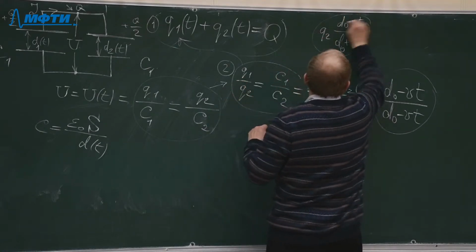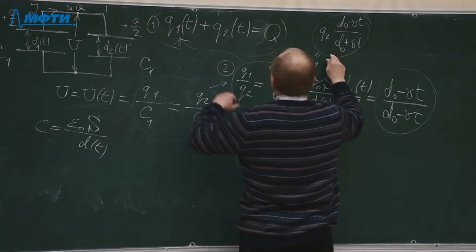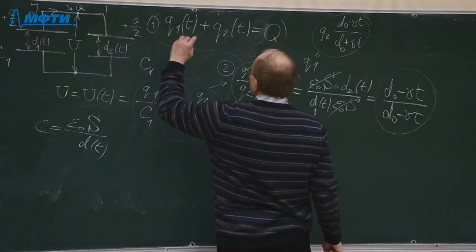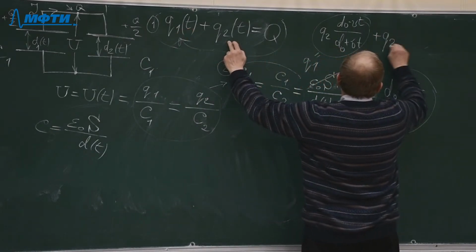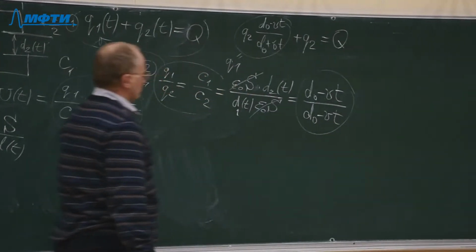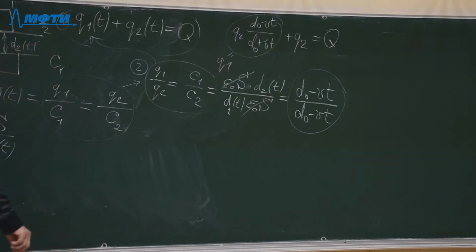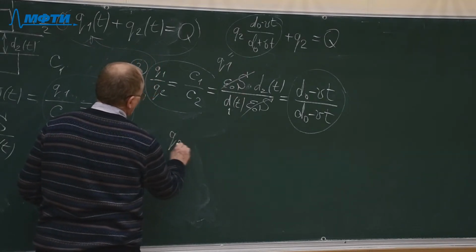So this is q1 obtained from the second equation, and I substitute this expression into the first equation, and so I will have plus q2 equals capital Q, which is given in the problem. And from here I can easily find q2.